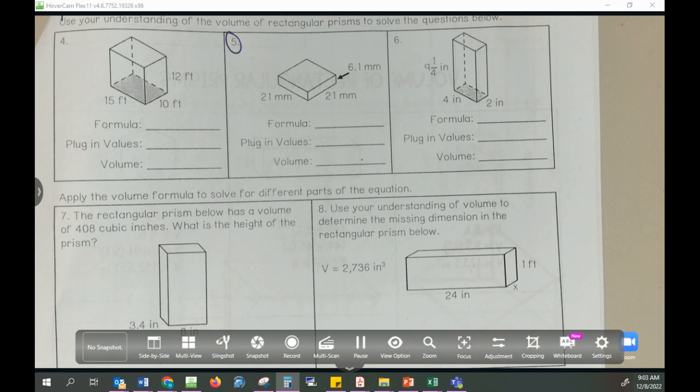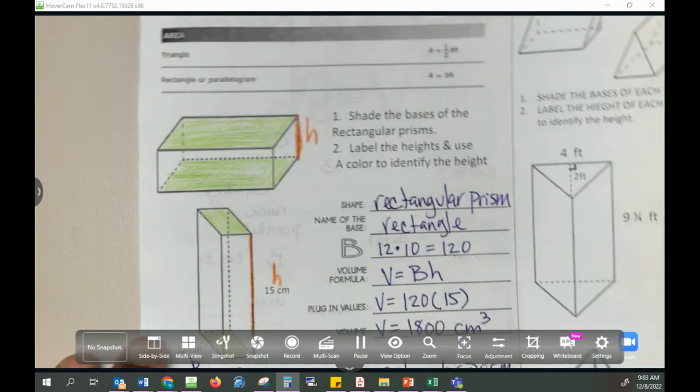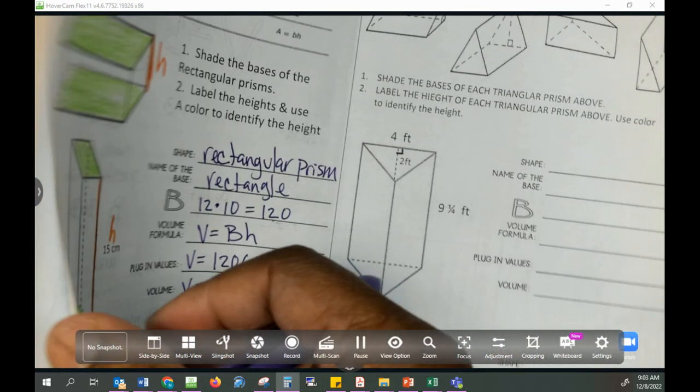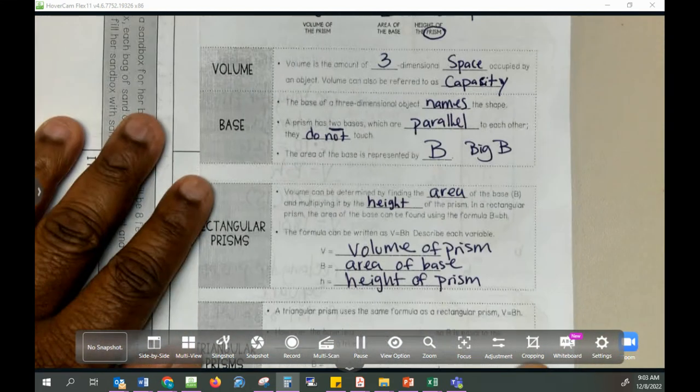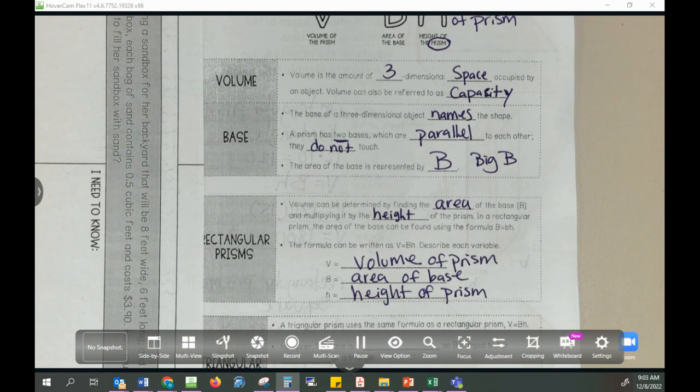I'll turn back on the notes while we're working on that for those that might have came in late. There you go, Christian. Do you have the notes? Okay. Did you already finish the other page that we're working on?